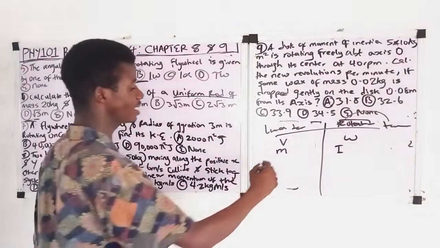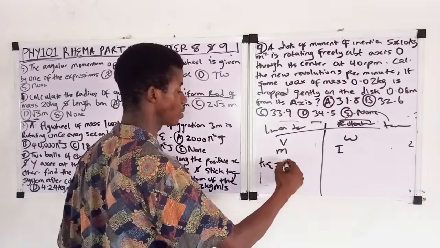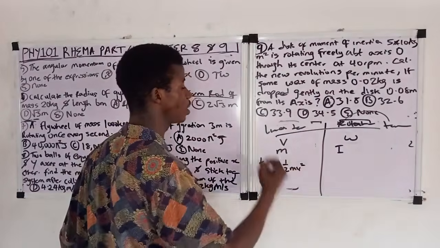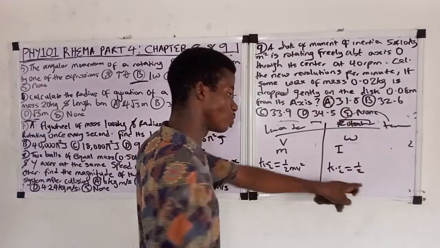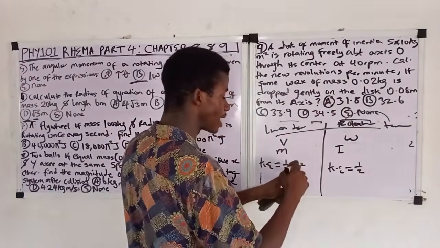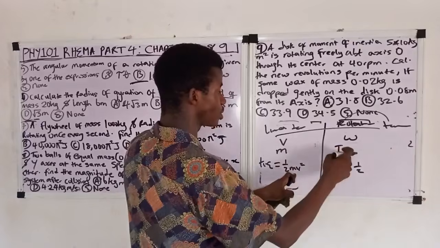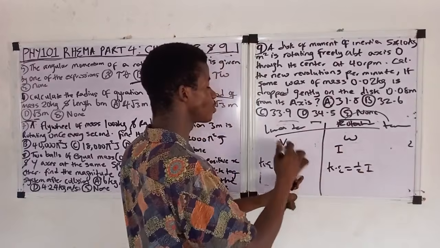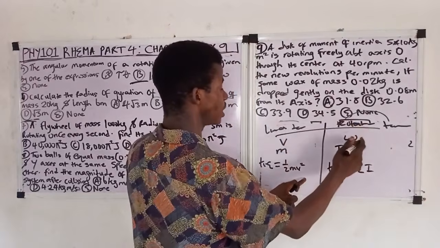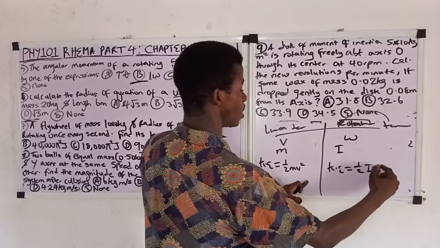Now, just like we have kinetic energy equals half mv squared in linear terms, in rotational terms we have what? Kinetic energy equals half times what is analogous to mass in rotational motion. It is the moment of inertia, right? Yes. Now, what is analogous to velocity in rotational motion? It is angular velocity, right? So squared.